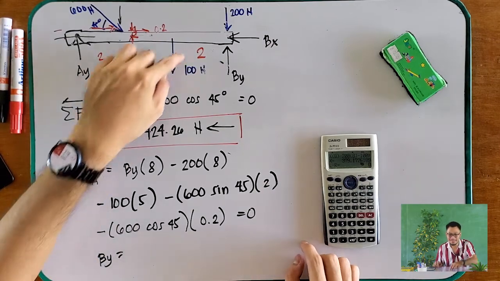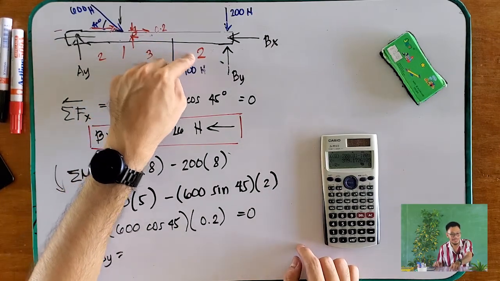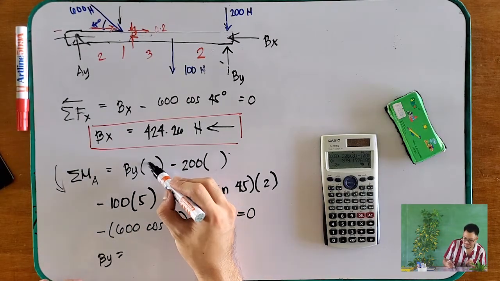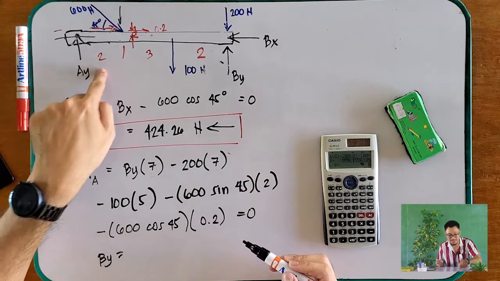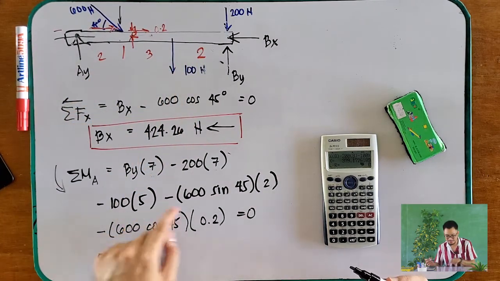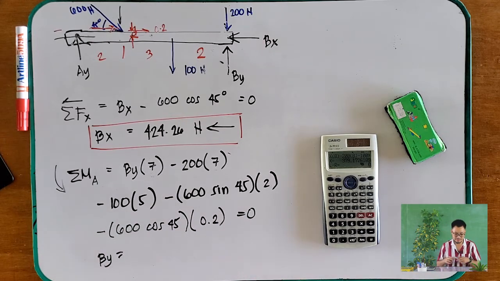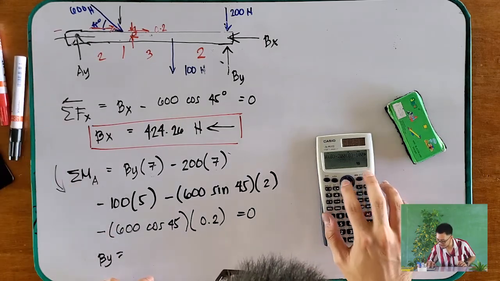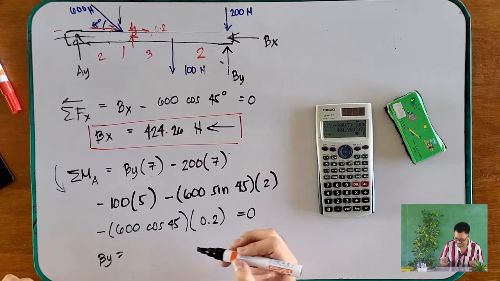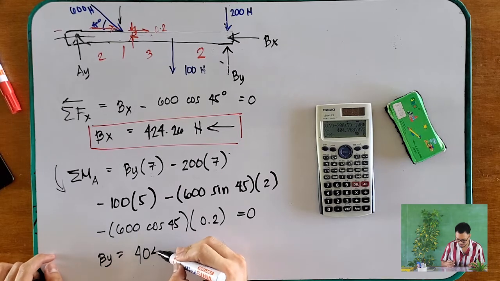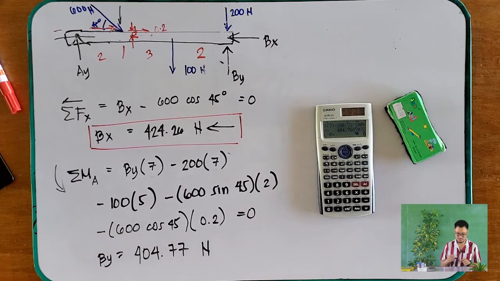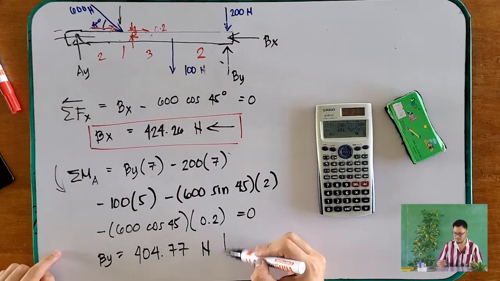Okay guys, I made a mistake putting 3 here earlier, because it should be 2. So instead of 8, this is only 7, because 2 plus 3 plus 2 is 7. And this one is 5, this one is 2, so this one is correct. Therefore, let's check. This is 404.77 newtons, and our assumption was right, this is going up.